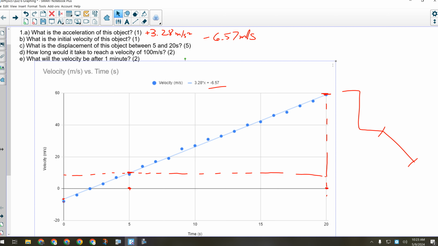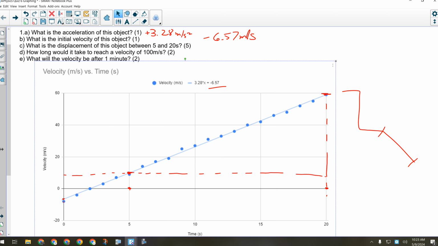So all I have to do is plug 5 seconds in for x, and I'll know how high the box is, because that'll tell me how fast the object is going at 5 seconds. Everybody follow me there? This is one of those really higher level questions. It's tricky. It makes you do a lot of things.